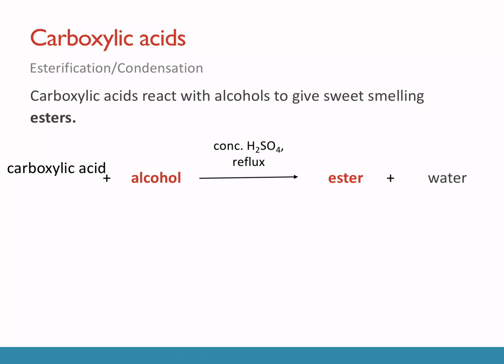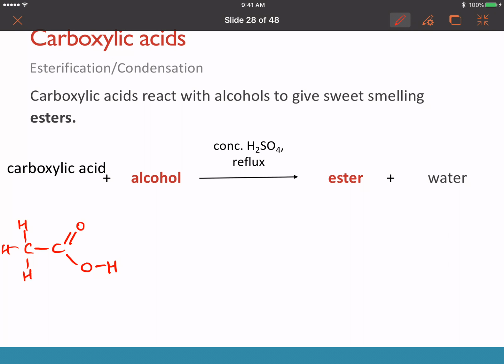So how does this happen? Let me draw it out. Carboxylic acid, let's say I use ethanoic acid again. Okay, let me change color. Let's say my alcohol is, use a simple one, let's say I just use methanol.